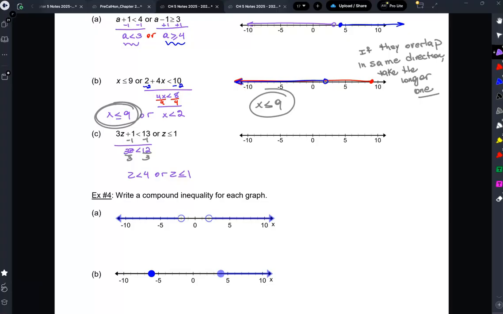So now, the first one, less than 4. The second one, less than or equal to 1. Do they overlap in the same direction? Yes. So which one do I take? The longer one, which is what in this case? The red one, which was which one? 4. Yep. So I say z is less than 4. That's the final solution. Okay, good.